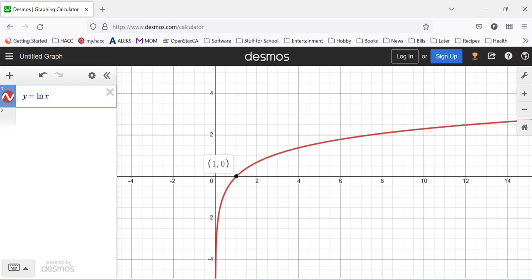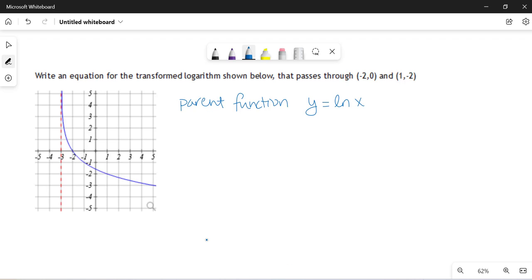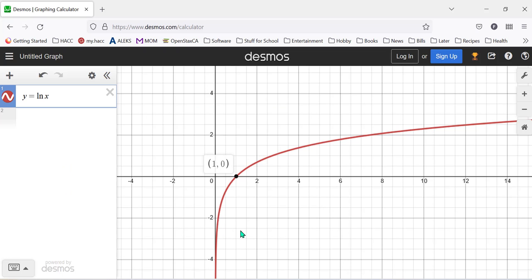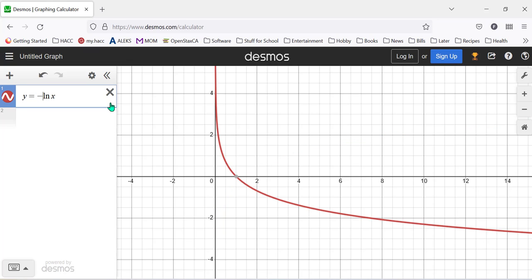So the graph that we're supposed to be dealing with has been shifted. Also, it's upside down. So if you compare, it's upside down. To make it upside down vertically, that's a reflection. So how about we just throw that minus sign in front? Oh, look, it's upside down.